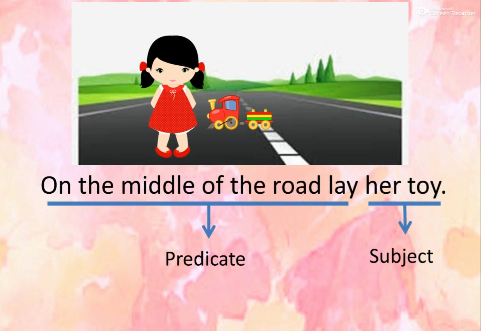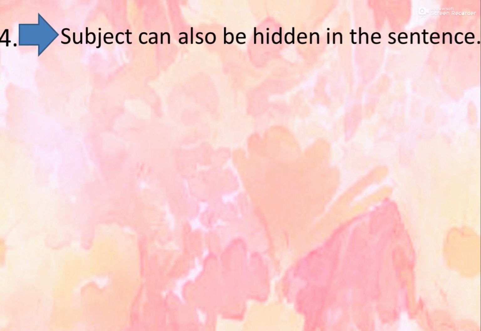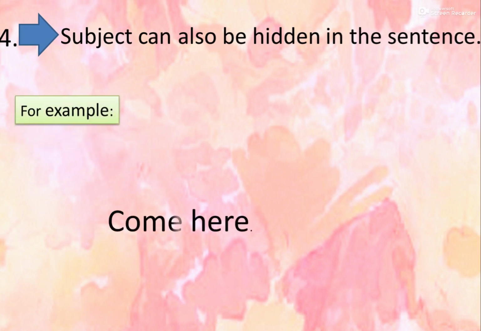Now let's see the fourth point that we need to keep in mind. Subject can also be hidden in the sentence. For example, "Come here." It's an incomplete sentence, isn't it? So what's the subject here?